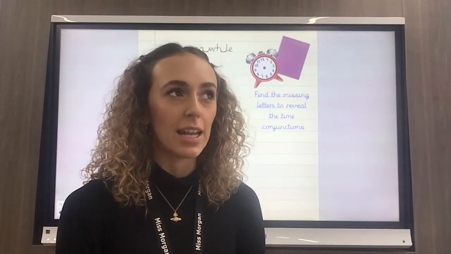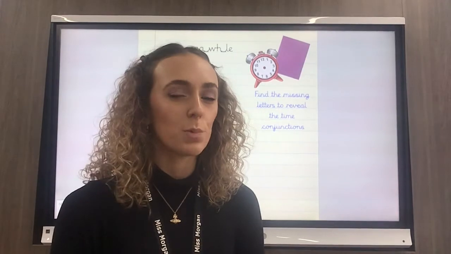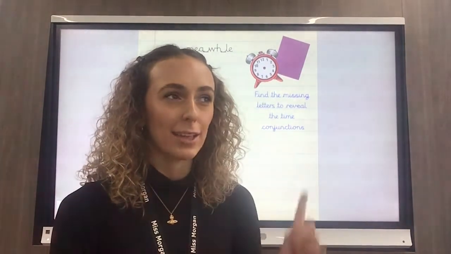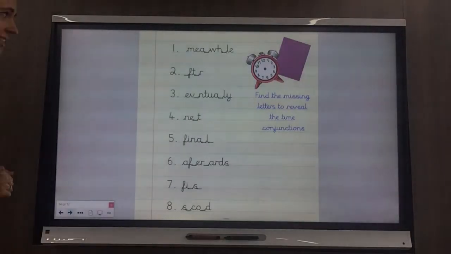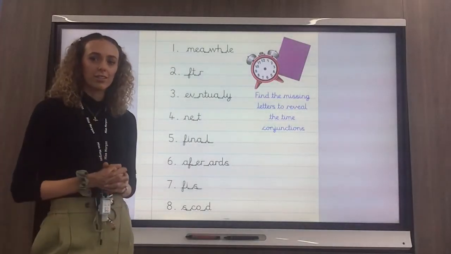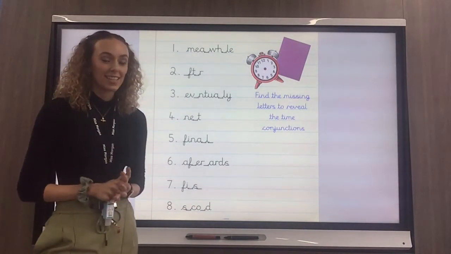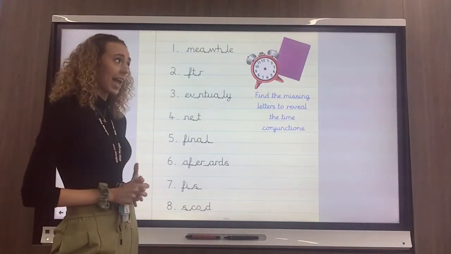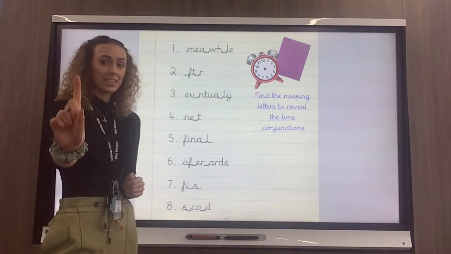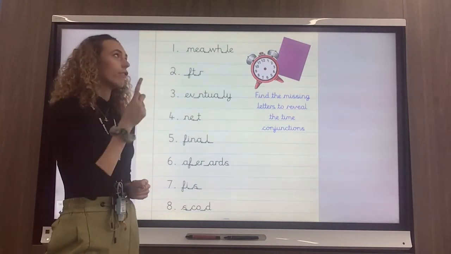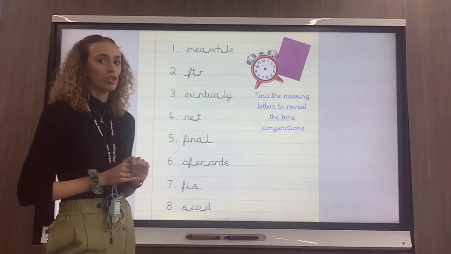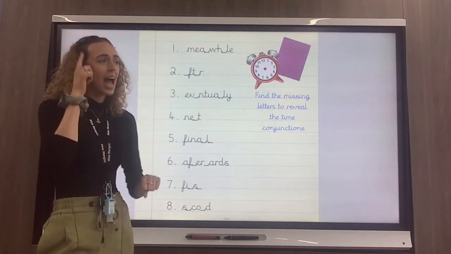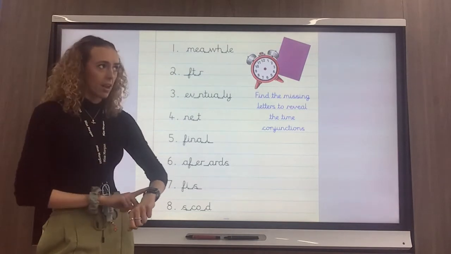I wonder if anybody can guess what is on the board behind me by looking at the picture here. Yes, I have got lots of time conjunctions. But Year 3, what do you notice about my time conjunctions? They've got lots of letters missing. So it is our first task for today to find those missing letters in our time conjunctions. Think, time conjunctions tell us when.